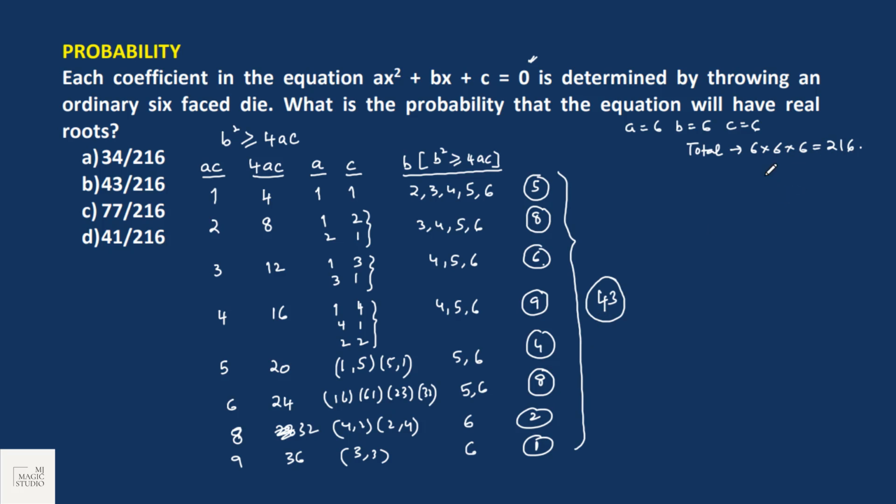So we have 43 favorable cases out of 216, such that the equation will have real roots, such that b square is greater than or equal to 4ac. So the required probability in this case is 43 by 216, which we have in option B.